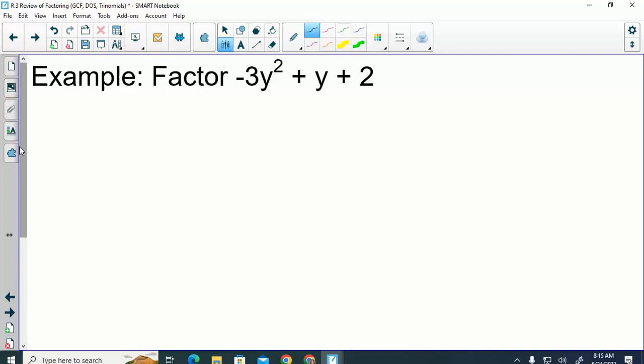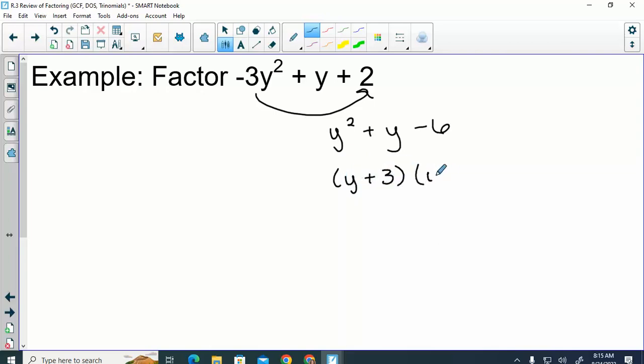Slip and slide? Okay, let's see. So we get y squared plus y minus 6. So that would be y plus 3, y minus 2. Now what? If we do that, we get y minus 1.